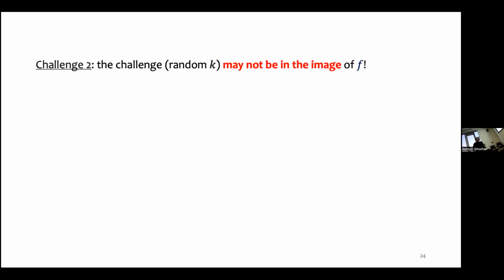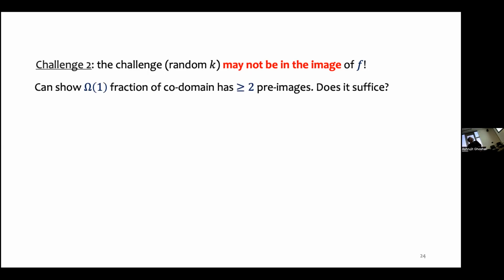Secondly, the challenge: the randomly sampled key might not be in the image of the function. First off, in order to solve this, one might observe that we can show that a constant fraction of the codomain has at least two preimages for a random function. Does that suffice?